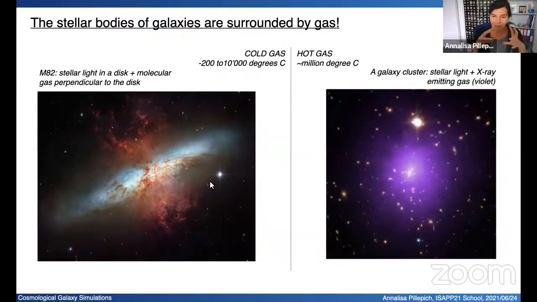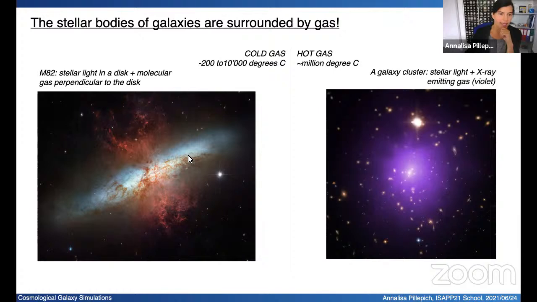Also, gas permeates the cosmos, and it's in between stars and also around galaxies. So for example, galaxies as stellar bodies are surrounded by gas. Here you see a galaxy, the stellar disk is this one. You guys hopefully can see my mouse, and if you don't see it, please let me know.